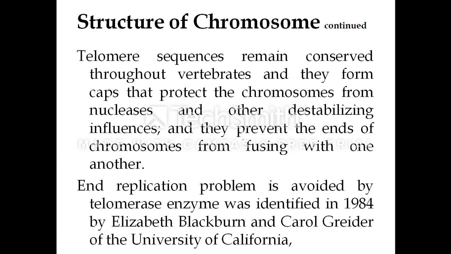This centromere has a protein, the kinetochore. It helps in the attachment of the spindle fiber during cell division and pulling the DNA content equally to the opposite poles. That takes place due to the presence of the protein, and it helps in distributing the genetic material equally to the daughter cells.